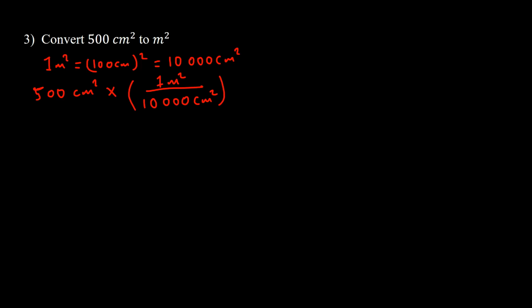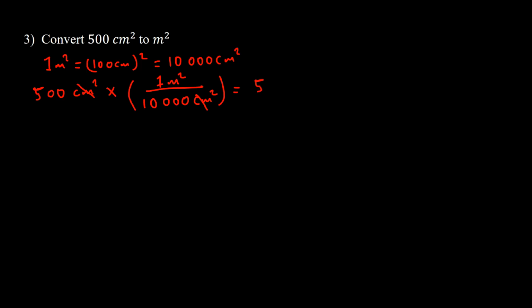So now the square centimeters and the square centimeters can cancel out, and what we remain with is just 500, multiplied with 1 square meter and then divided by 10,000.